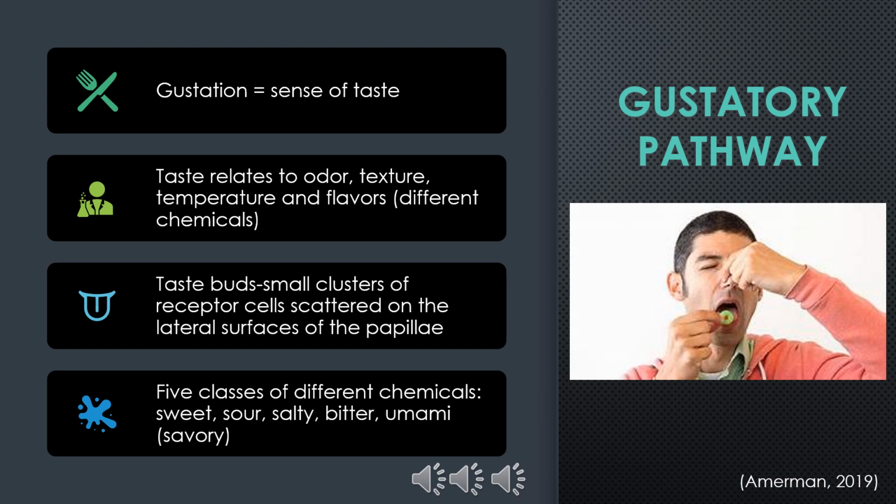However, a significant factor of the sense of gustation is how chemoreceptors respond to chemicals. Taste buds are small clusters of receptor cells scattered on the lateral surfaces of the papillae. Once the taste buds are stimulated, sensory neurons transmit stimuli to the central nervous system. These taste buds contain 3 types of cells.